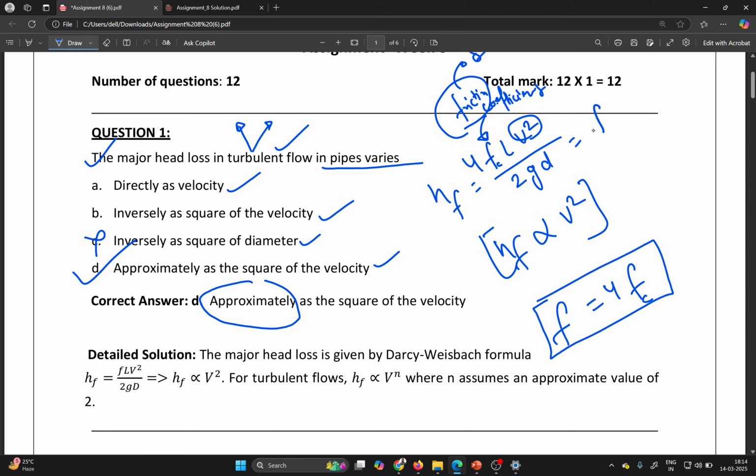You can replace it with f L V square by 2 g D, where D is the diameter of the pipe.